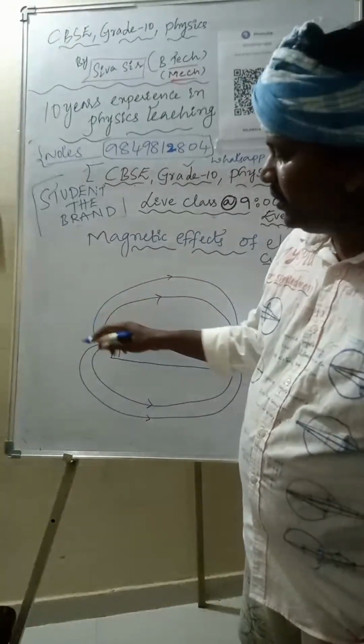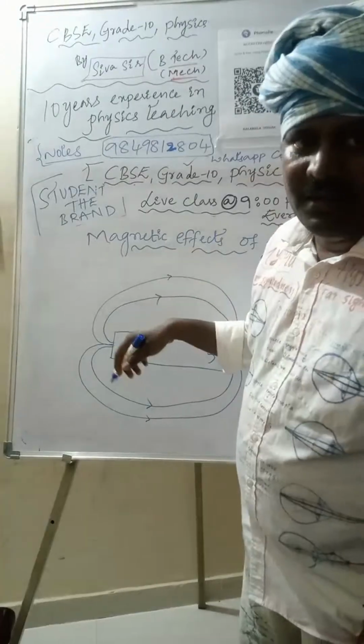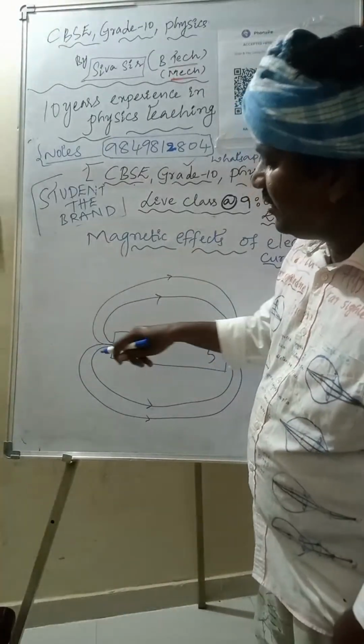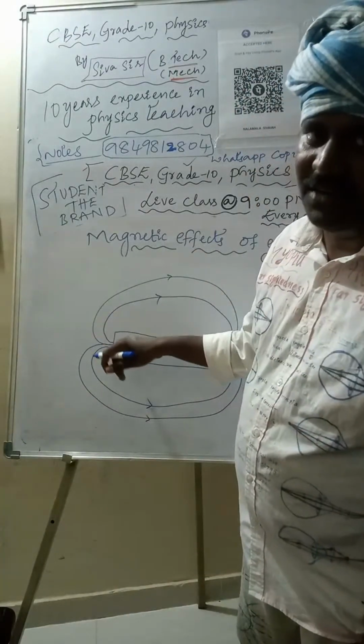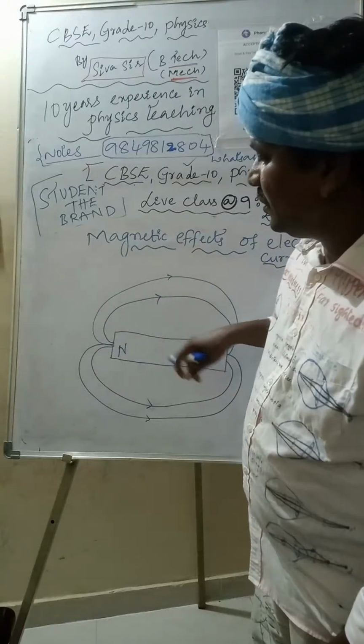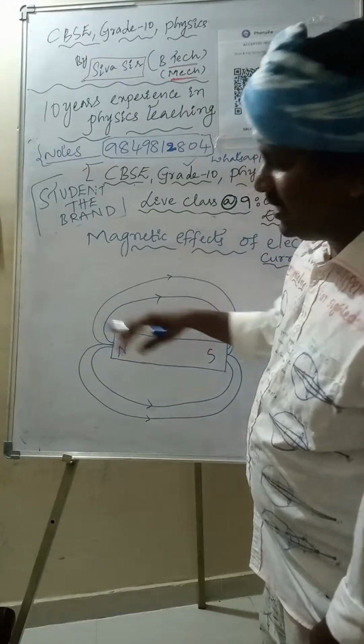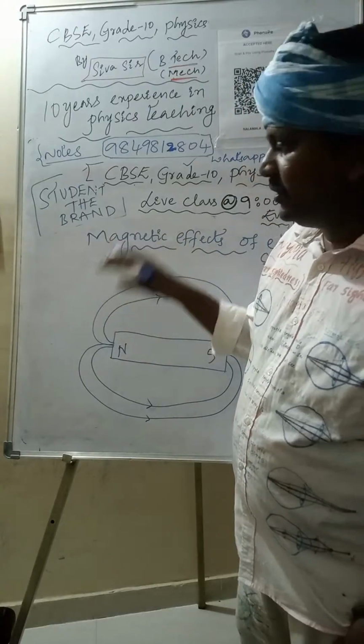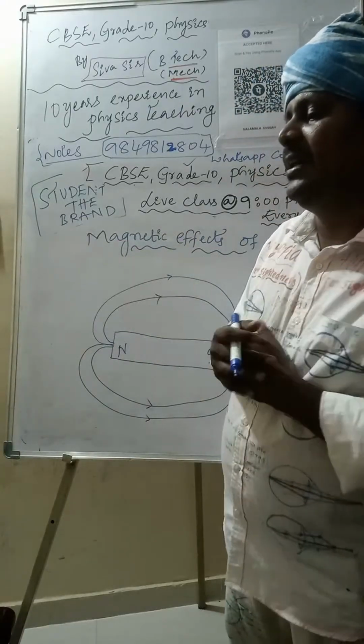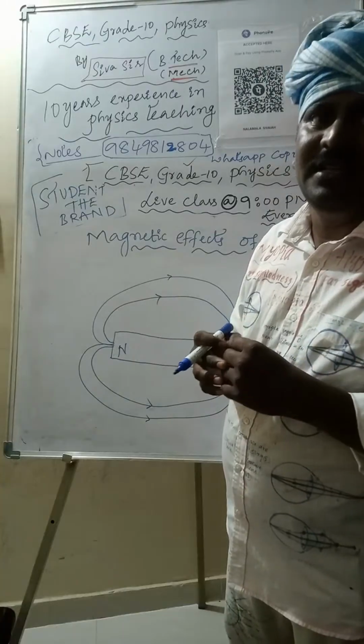Magnetic field lines start from the North Pole and reach the South Pole. This is about the magnetic field direction. Magnetic field lines never intersect.